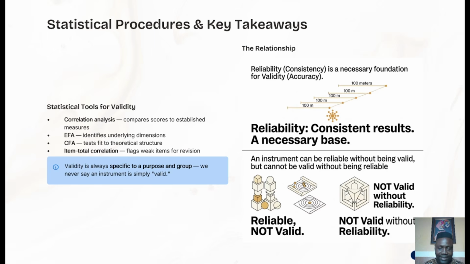Even sadness is latent. So for us to measure sadness, we need some items that we can easily observe. So what are those sub variables? How many of them exist? How many of them come together? How many of them have hidden dimensions? That's what exploratory factor analysis will do.